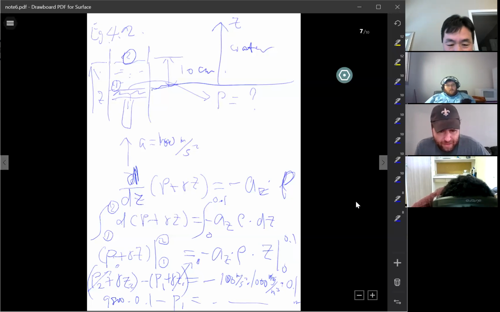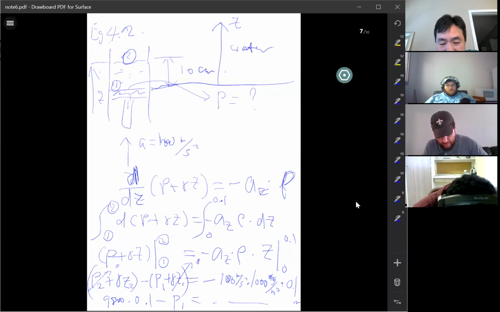No, it's gamma z2, right? 9800 times 0.1. What is z2? Z2 is 0.1, right? Minus p1 equal to something. So you should be able to calculate p1, right? Okay, so that's it for today. We'll continue next time.